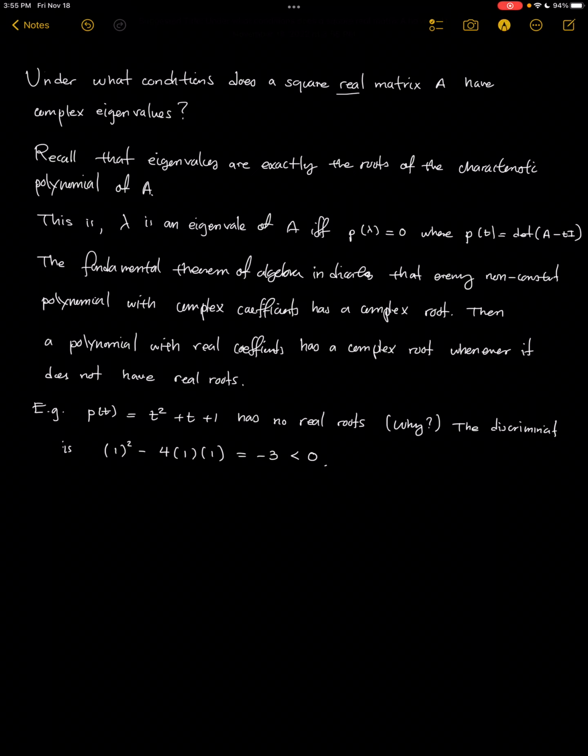So now, really, one of the questions that we would like to answer is, well, can we construct a matrix such that it has t squared plus t plus 1 as its characteristic polynomial?